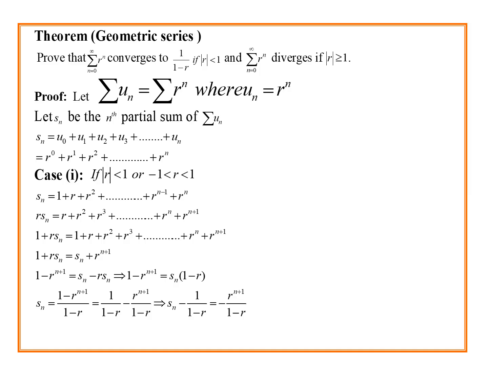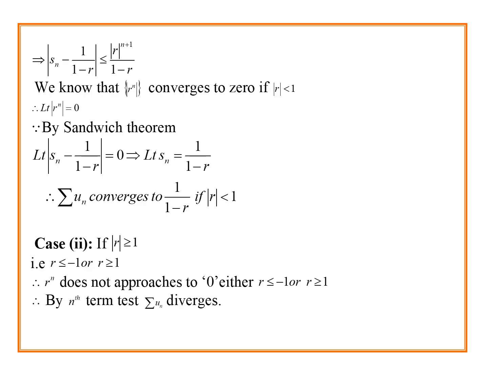In the numerator the two parts can be separated with the denominator: 1 by 1 minus r minus r power of n plus 1 by 1 minus r. That implies Sn minus 1 by 1 minus r is equal to minus r power of n plus 1 by 1 minus r. That implies mod Sn minus 1 by 1 minus r is less than or equal to mod r whole power of n plus 1 by 1 minus r.